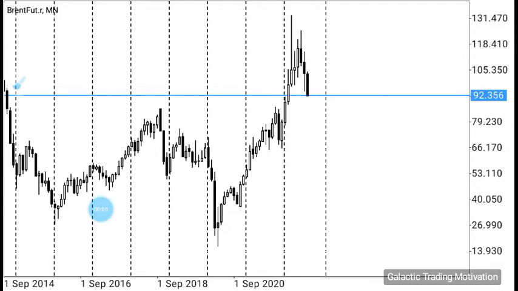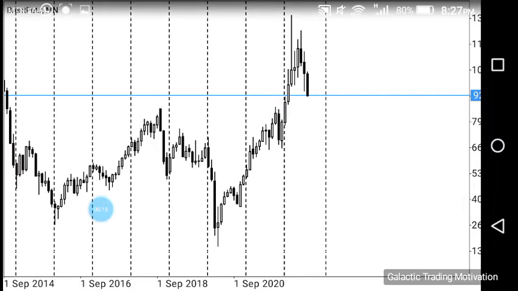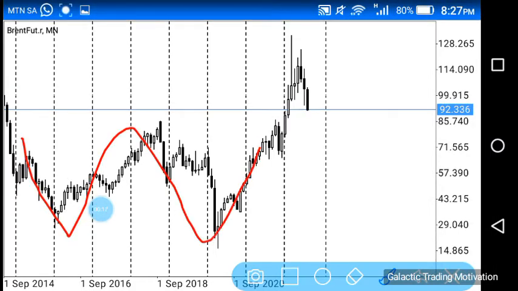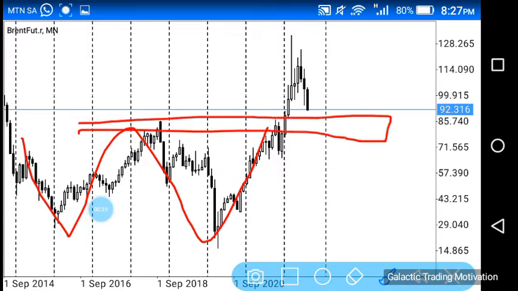Let's have a look at Brent futures. So I've got the monthly chart open, as you guys can see, and we can see that we had a very nice W structure in this region, with the neckline of that W structure being at more or less this area over here, right?